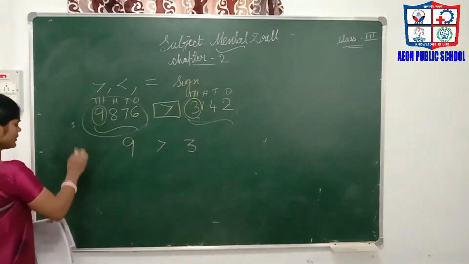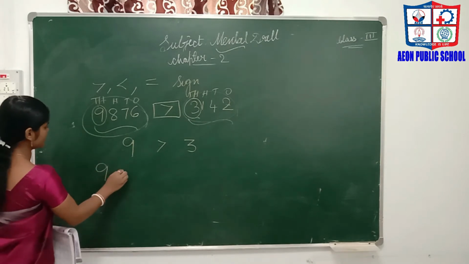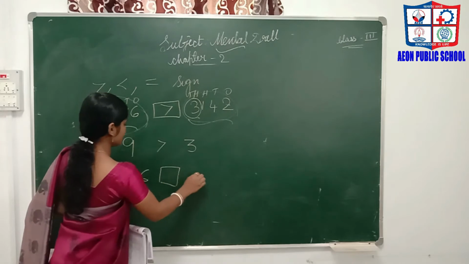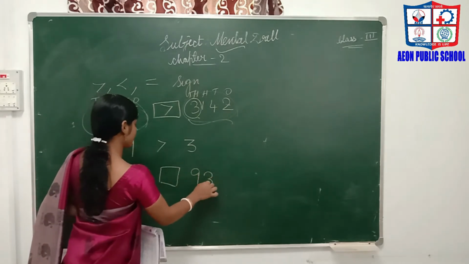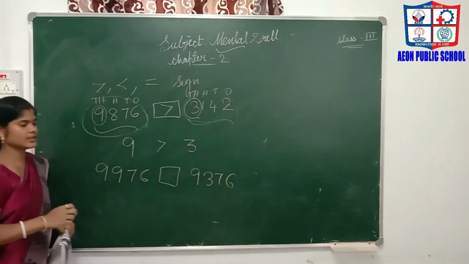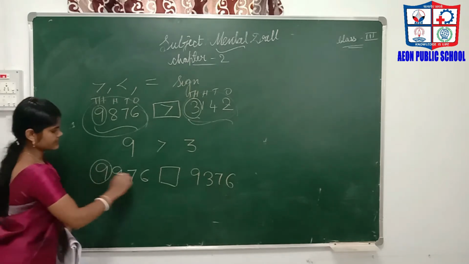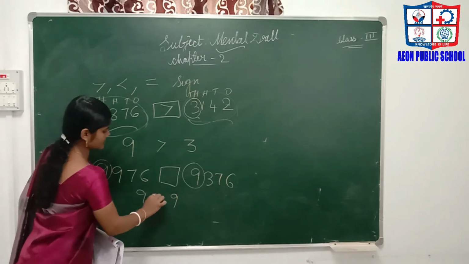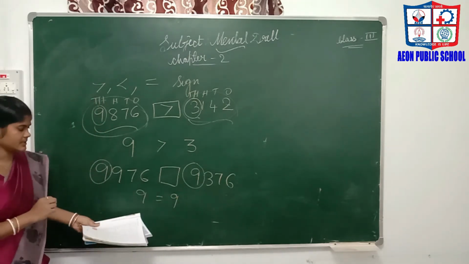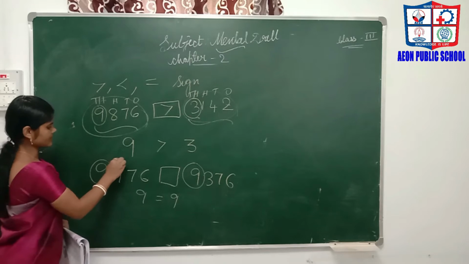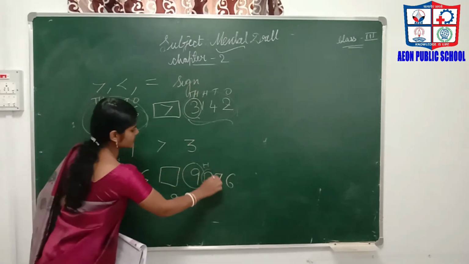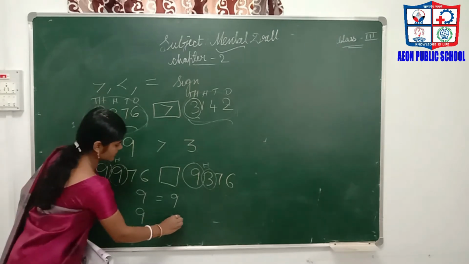For example, if you have 9976 and here 9376, how will you find out? In the thousands place, here 9 is there, here 9 is there. So 9, 9, it's equal. So we cannot compare yet. Go to the next place, the hundreds place. Here we take 9 and here 3.